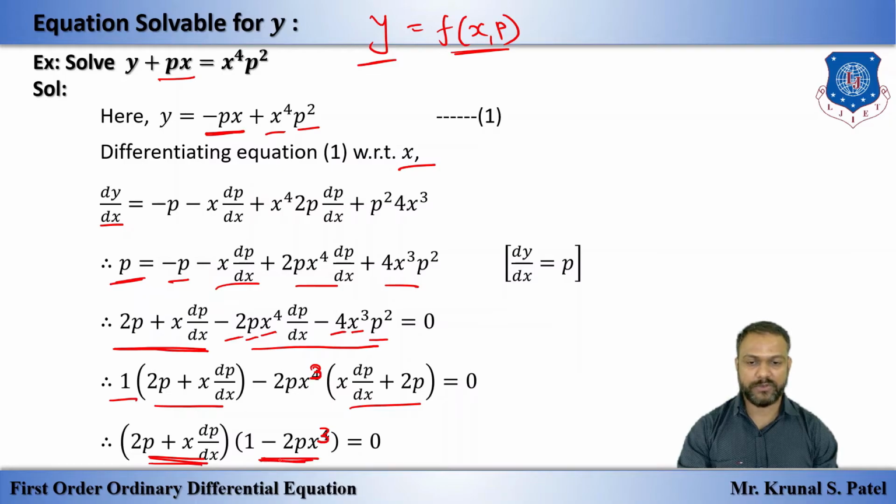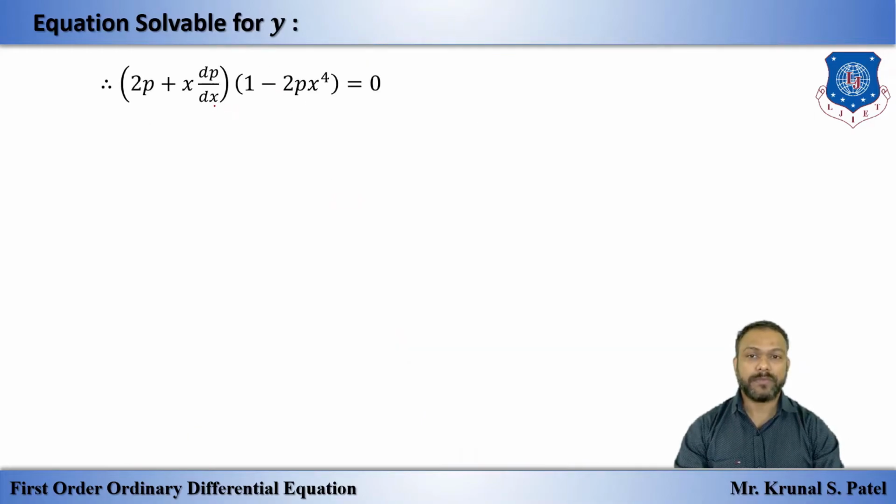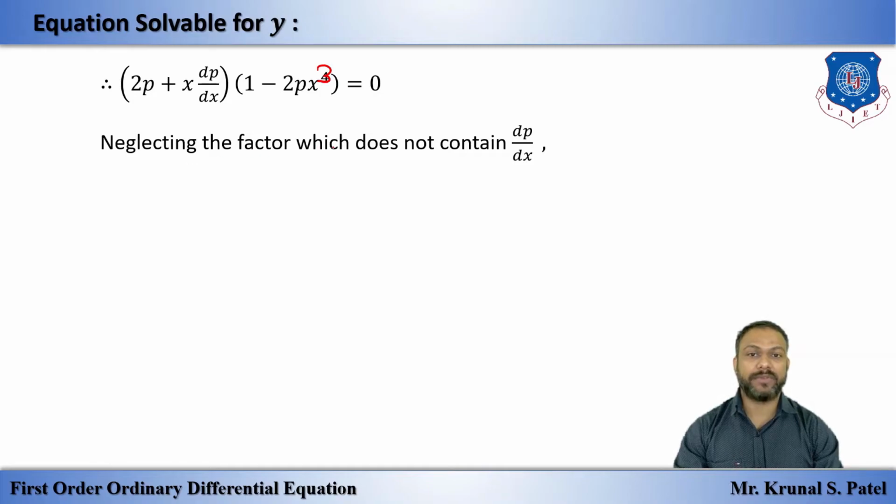That means either this is equal to 0 or this is equal to 0, but this term we'll just neglect because it does not contain dp by dx. So we take only the factors which contain dp by dx in this equation solvable for y. So we have this, this is 3, and now we neglect the factor which does not contain dp by dx. So we will neglect this.